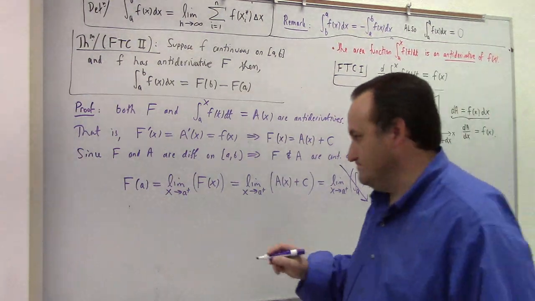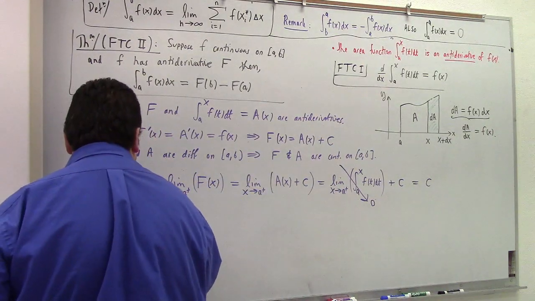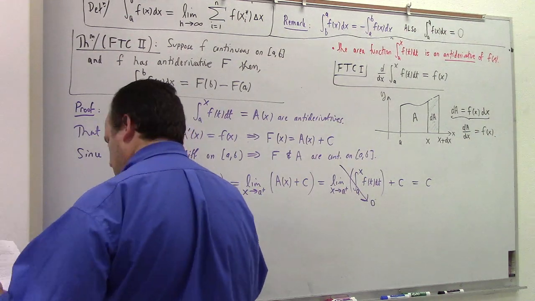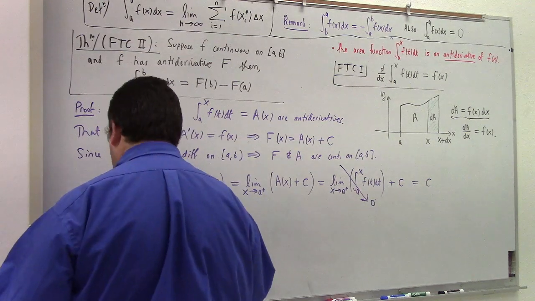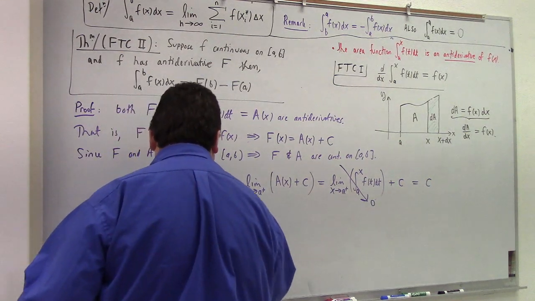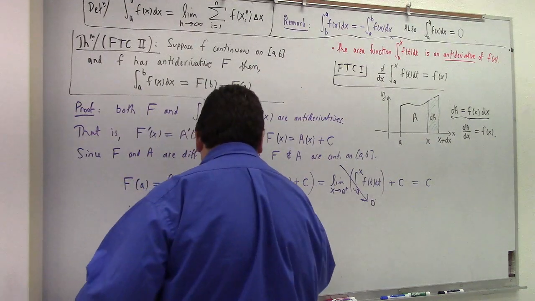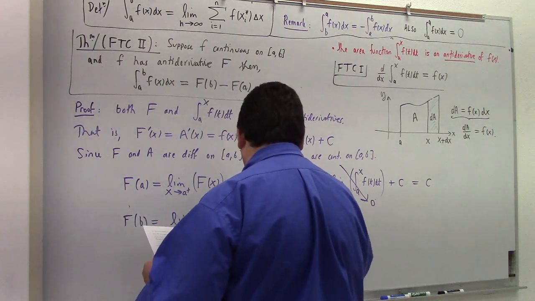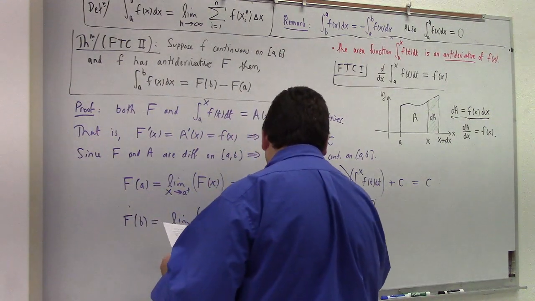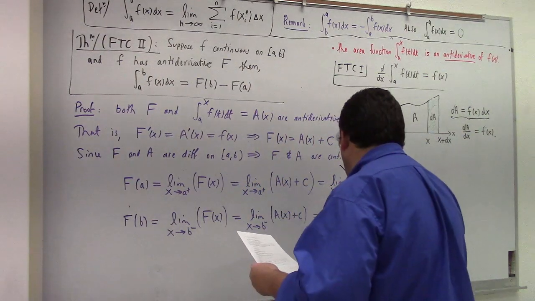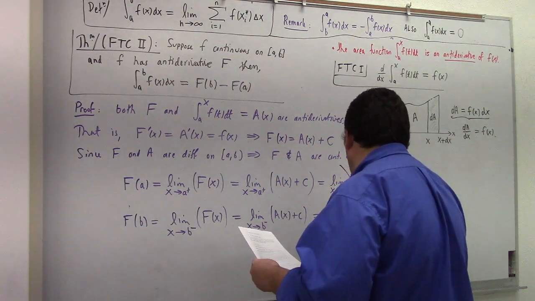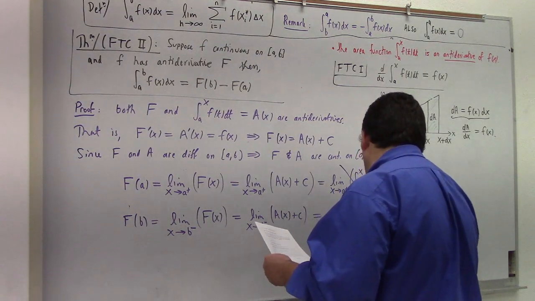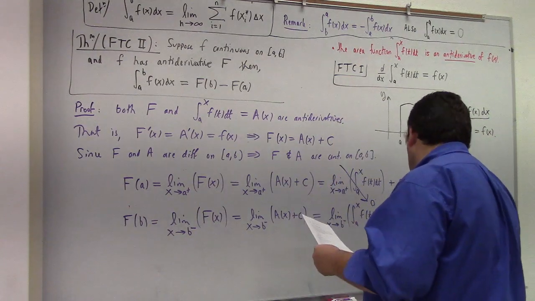How about F of b? It's the limit as x goes to b from the left of F of x, and so that's the limit as x goes to b from the left of A of x plus c, which is the limit as x goes to b from the left of the integral from a to x of f of t dt, and again, I'll just add the constant.